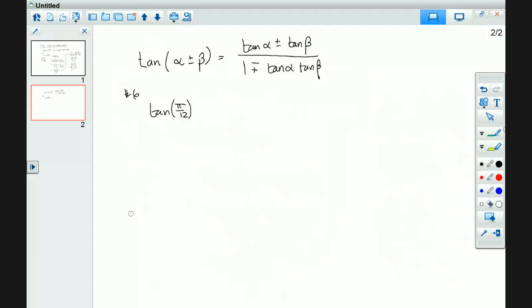Subtraction. Okay. 3 pi over 12, and pi over 3 is 4 pi over 12. So if you subtract, you get 1, right? All right, so I know you're way ahead of me. Pi over 3 minus pi over 4.